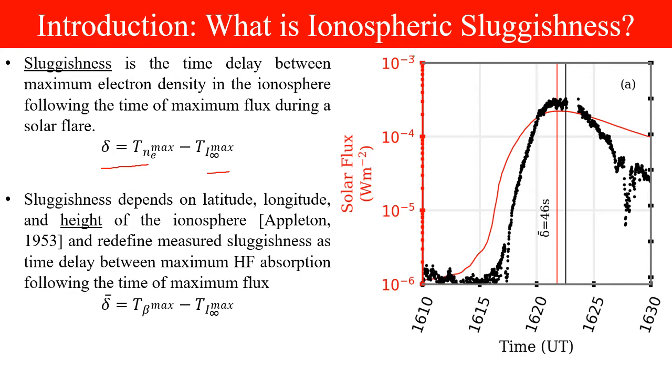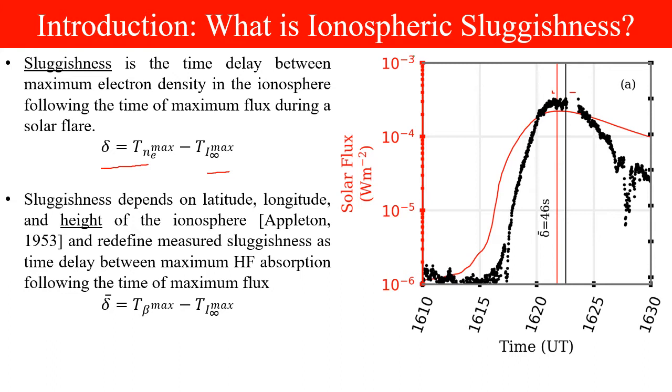On the right hand side, you see this red line going through this particular panel that shows the solar flux, and the black dots shown over here are the riometer measurement. So you can clearly see there is a significant amount of difference in the peak of these two datasets, and that's commonly known as sluggishness of the ionosphere.